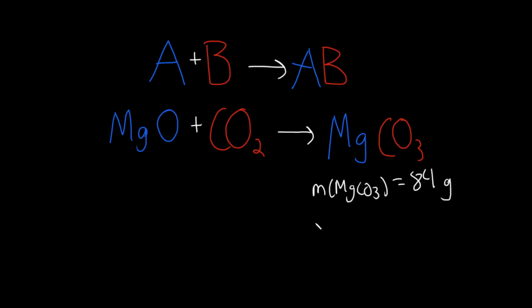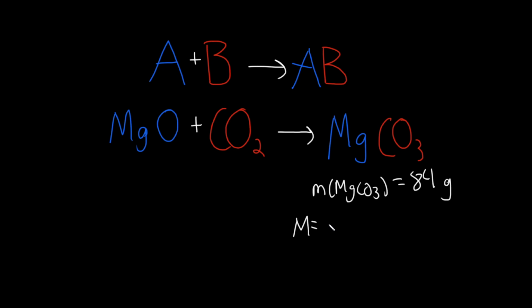The first thing we have to do is define the molar mass of magnesium carbonate. So how do you do that? The molar mass of a compound is the same as the molar mass of the constituent atoms added together. For this example, I'm going to use the molar mass to no decimals for simplicity.